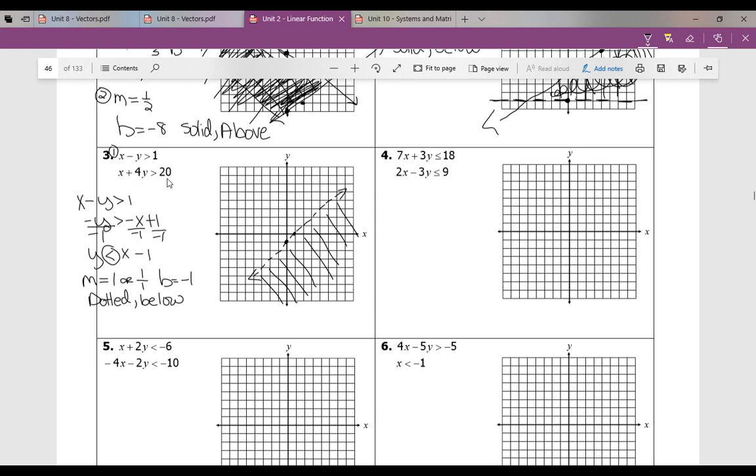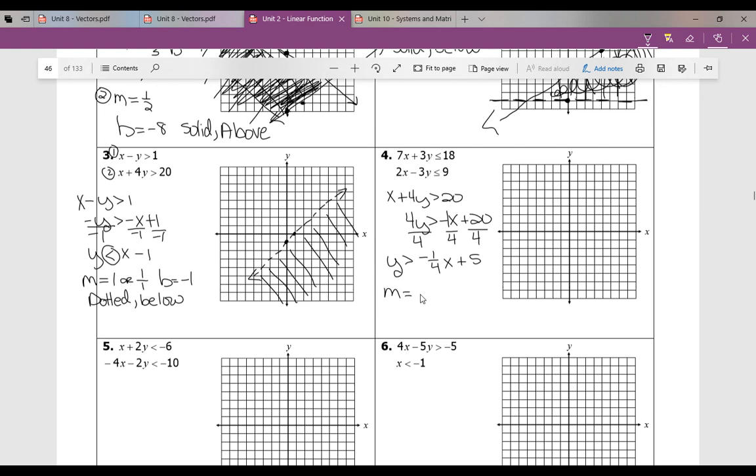I need to do the same thing for inequality number 2. That would be x plus 4y greater than 20. That's 4y greater than negative x plus 20. I will not flip my symbol this time because I am dividing by a positive 4. So y is greater than negative 1 over 4 x plus 5.